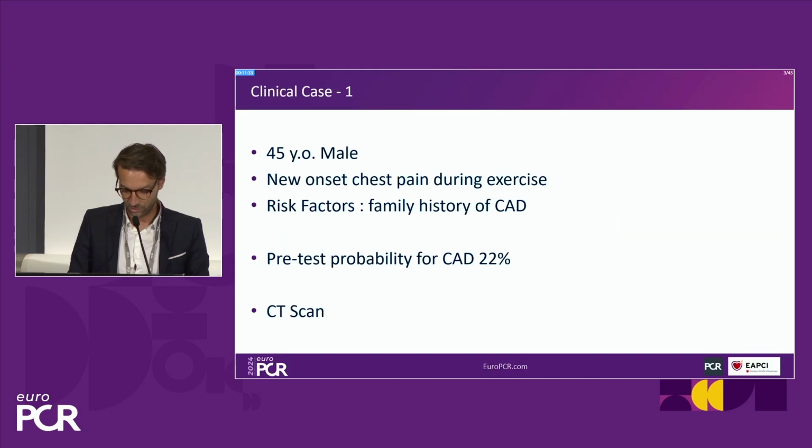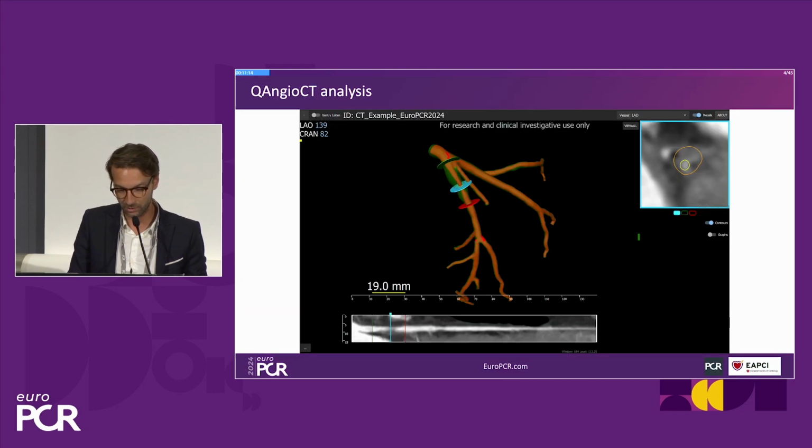So let me start with some daily practice that we all meet in the Cath Lab, with a clinical case. He's a 45-year-old male, new onset chest pain during exercise. His risk factor is family history of CAD, probable pre-test probability of CAD is 22%, so he had an angio-CT scan.